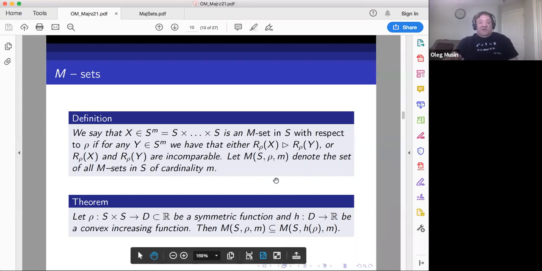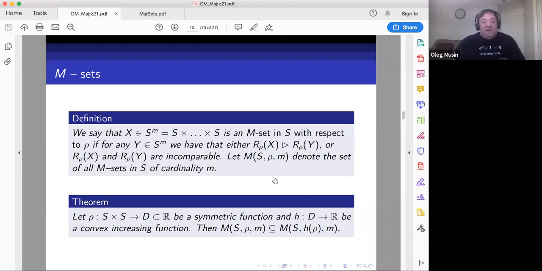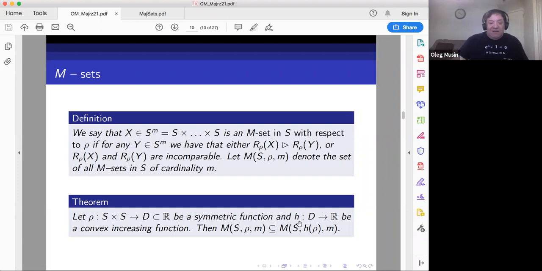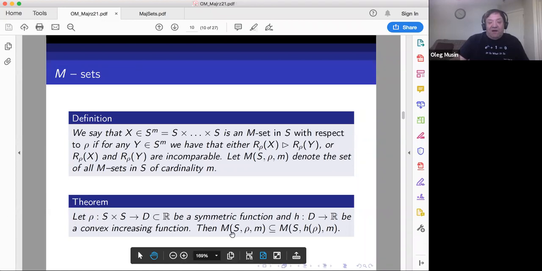That's notation. And one simple theorem follows from the definition and from the majorization theorem: suppose we have rho, and suppose H is any convex increasing function, then M of S of rho is a subset of M of S of H of rho.